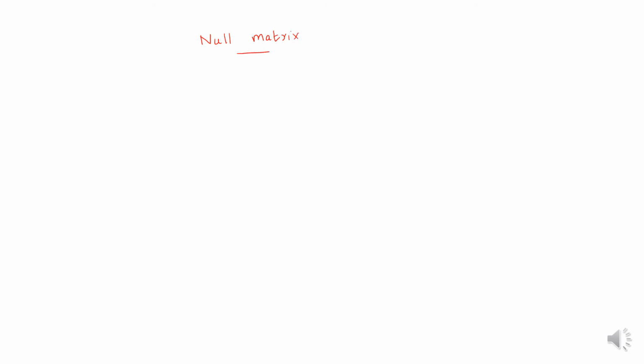So null matrix, all the elements in a matrix are zero. எல்லா எலிமெண்ட்டுமே ஜீரோவாக இருக்கிற மேட்ரிக்ஸ் நல் மேட்ரிக்ஸ். எக்ஸாம்பிளுக்கு 3x3 மேட்ரிக்ஸ் நான் எடுத்துக்கிறேன். எல்லா எலிமெண்ட்டுமே ஜீரோவாக இருக்குது. ஸோ திஸ் இஸ் நல் மேட்ரிக்ஸ்.